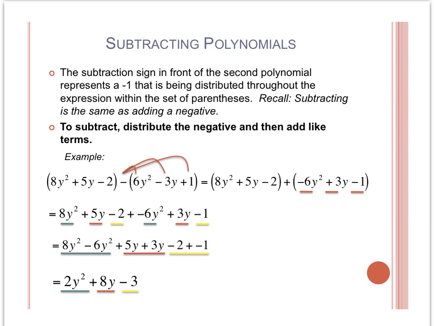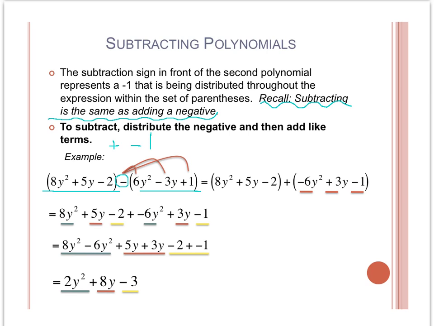Subtracting polynomials is very similar to adding polynomials, where you look for the like terms and you subtract them from each other. So, notice here we have two polynomials that are being subtracted. And recall that subtracting is the same as adding a negative.